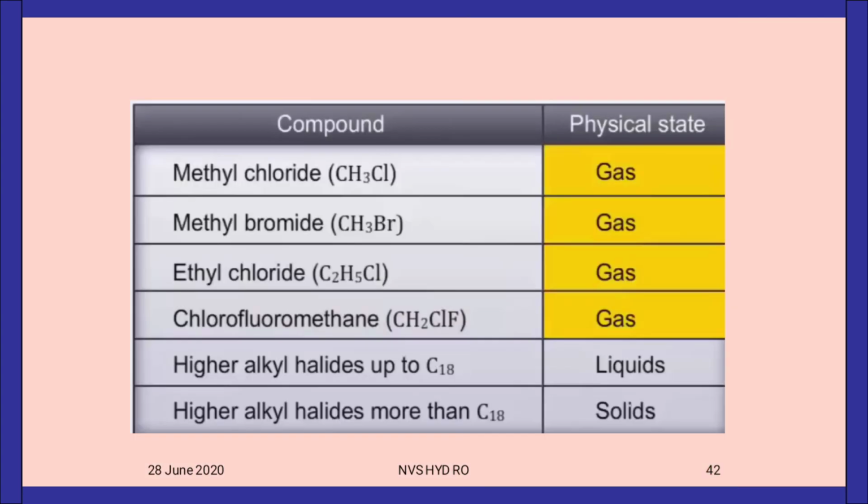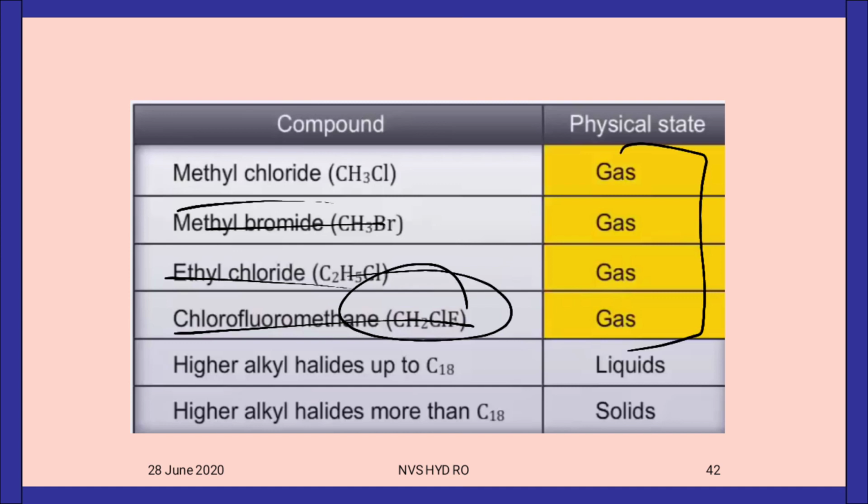Okay, so talking about the physical states, you can have the guess from here that methyl chloride, methyl bromide and ethyl chloride, as well as chlorofluoromethane, these are all gases. So you can see maximum of these compounds are in gaseous form.